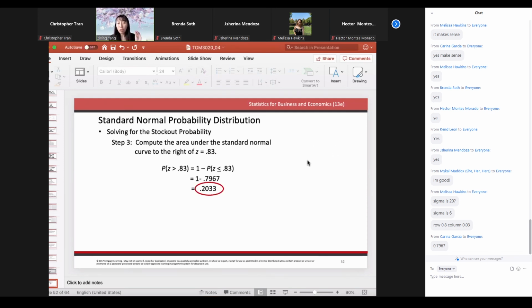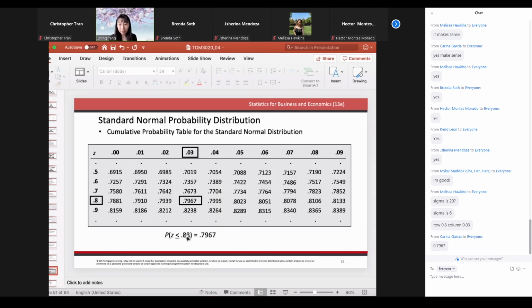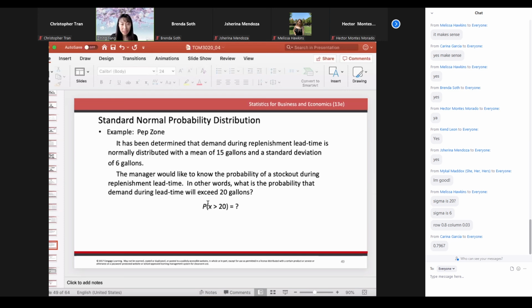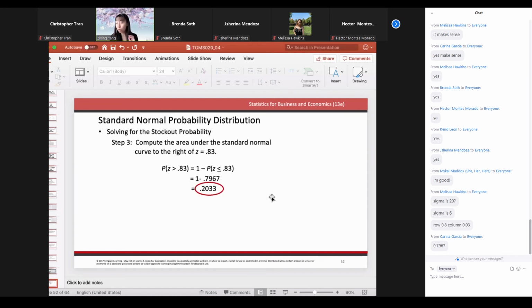So the probability of demand exceeding 20 gallons, all the large values on the right-hand side, is 0.2033. In other words, the manager calculates that there is an approximately 20% chance of a stock-out problem. 20% chance that demand will exceed 20 gallons when you only have 20 gallons in stock.